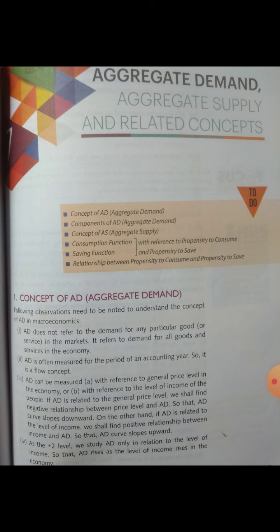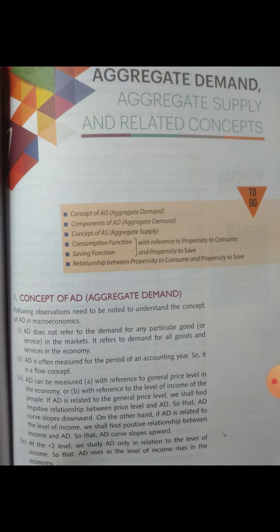If AD is related to the general price level, we shall find a negative relationship between price level and AD, so that the AD curve slopes downward. On the other hand, if AD is related to the level of income, we shall find a positive relationship between income and AD, so that the AD curve slopes upward.